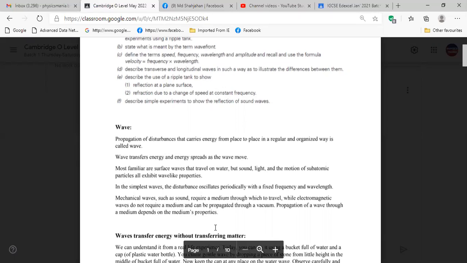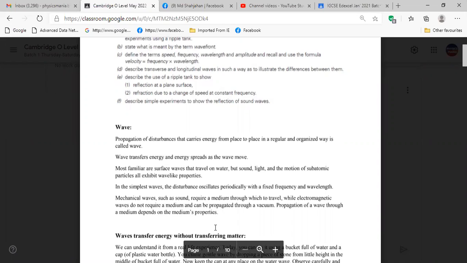Okay, so here we got what is called a wave and how the wave is transferring energy. And finally, we have ideas about two types of waves.